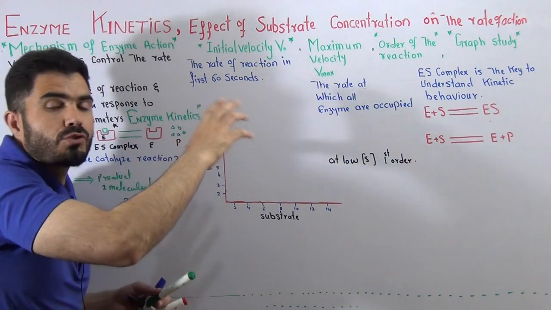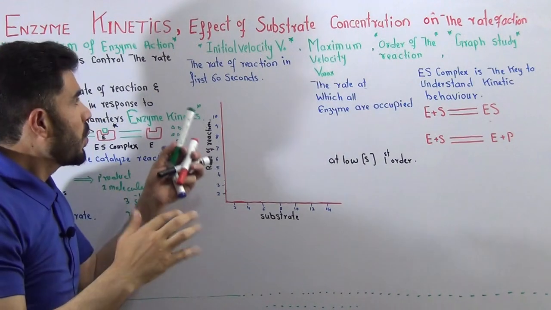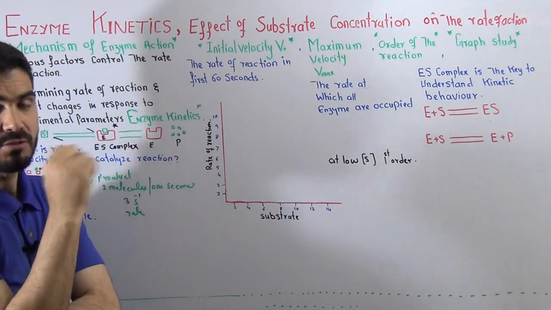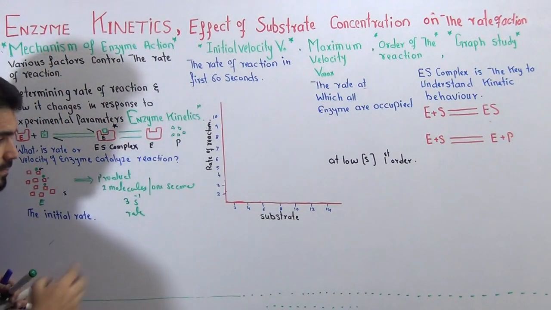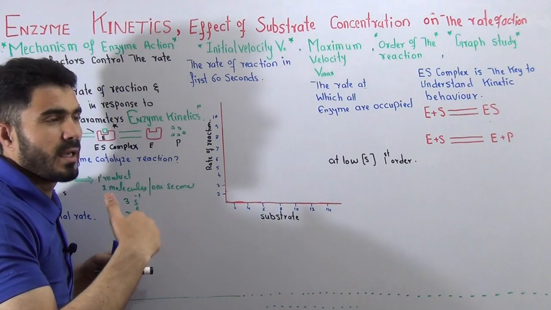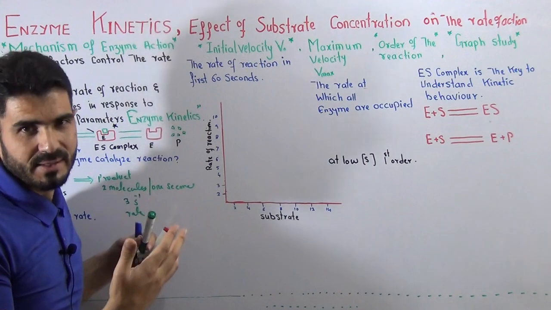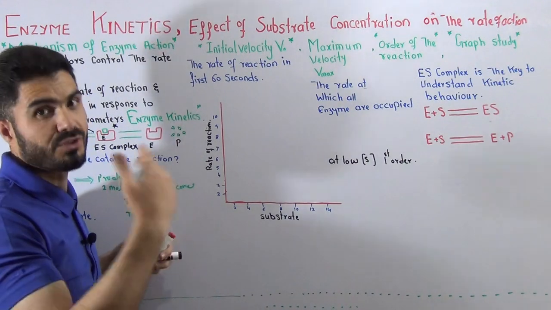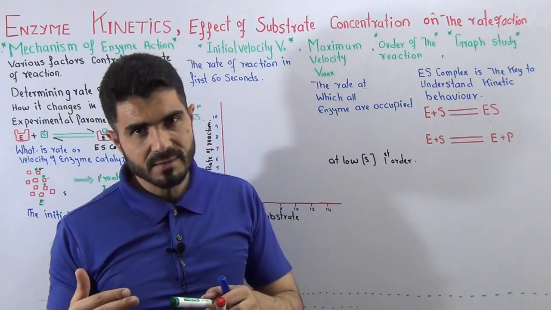Before we go to why it came to us, I will let you know what is meant by initial rate or initial velocity. Actually, when you start a reaction, it goes from 0 seconds to 10 seconds to 100 seconds to 2 minutes, 3 minutes, 5, 10, 15, 30 minutes. The reaction once started can go on.